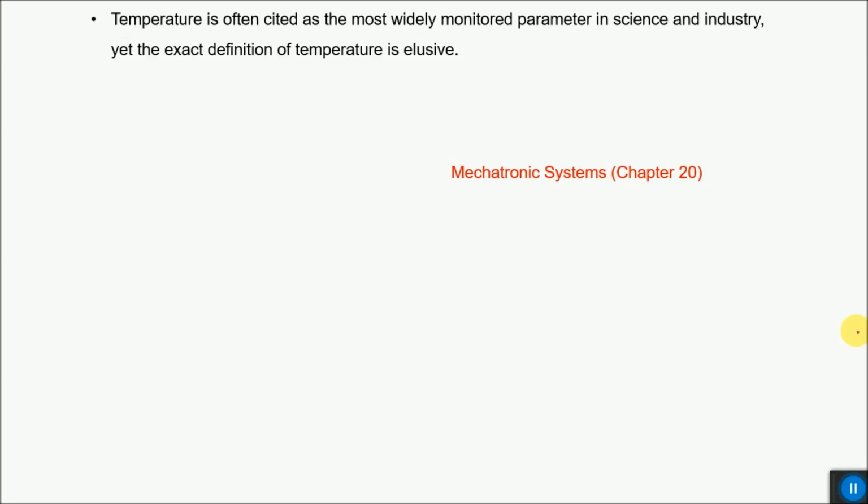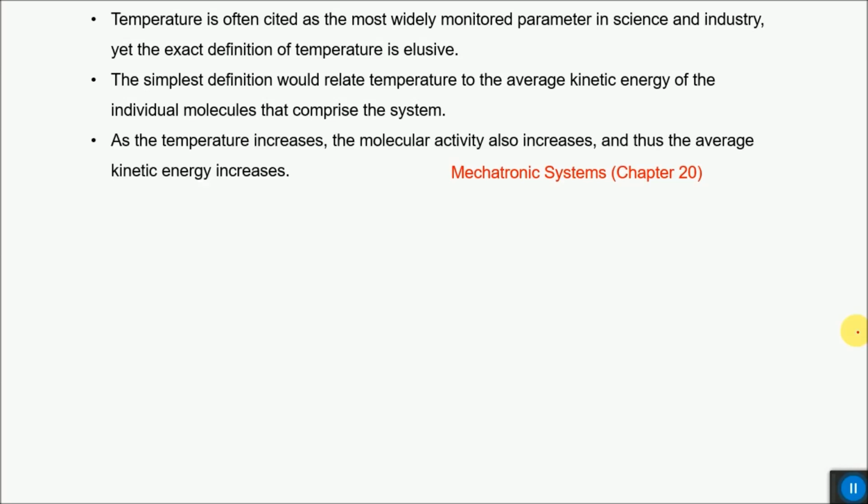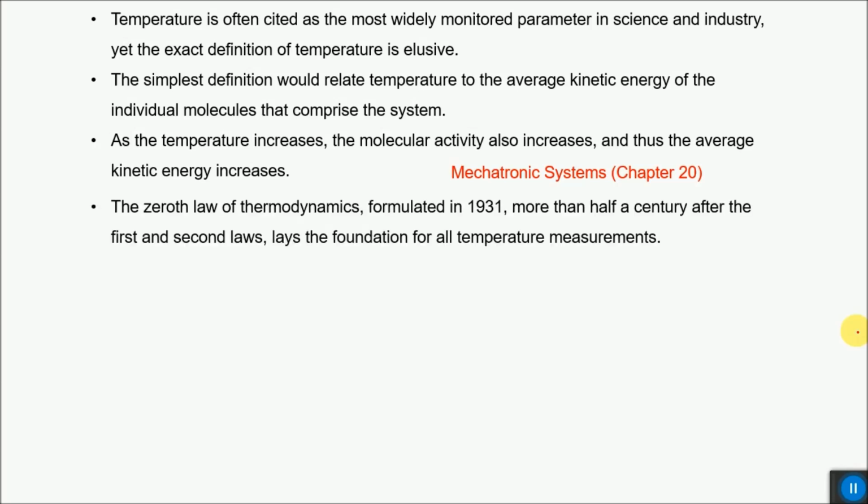Temperature is the most widely monitored parameter in science and industry, but the exact definition of temperature is still elusive. The simplest definition would relate temperature to the average kinetic energy of individual molecules that comprise the system. And as the temperature increases, the molecular activity also increases, and thus the average kinetic energy increases.